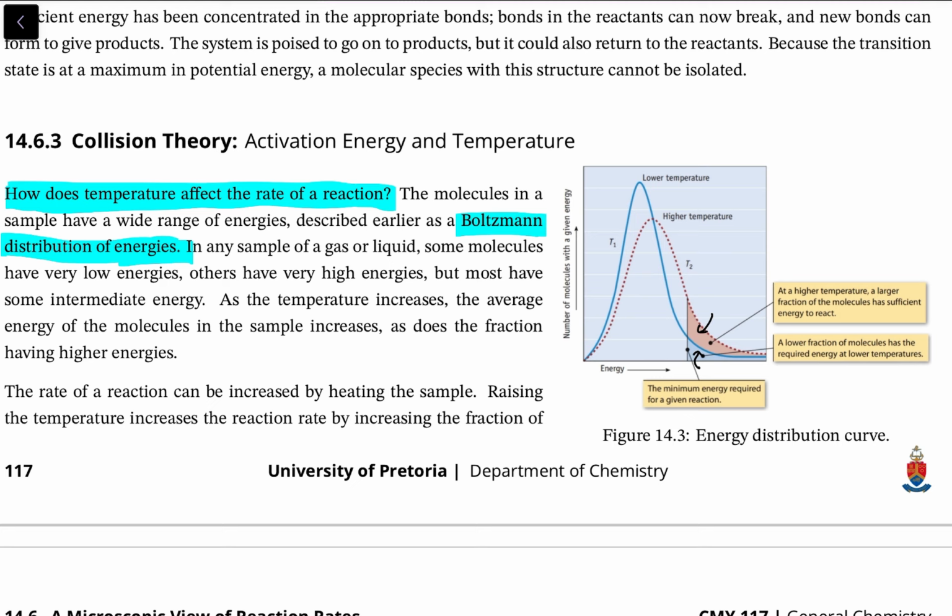The red fraction is larger than the blue fraction, and that is because at a higher temperature, the average distribution has shifted to the right in terms of energy. So your average energy per molecule is higher. Literally, at a higher temperature, the average energy of all your molecules is physically higher.